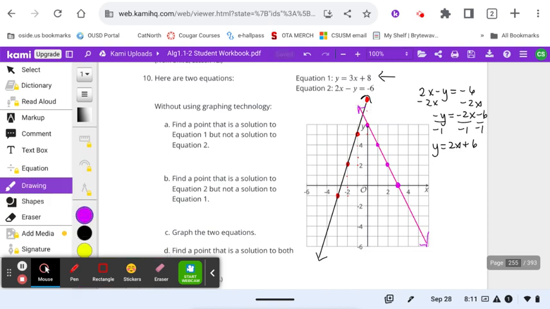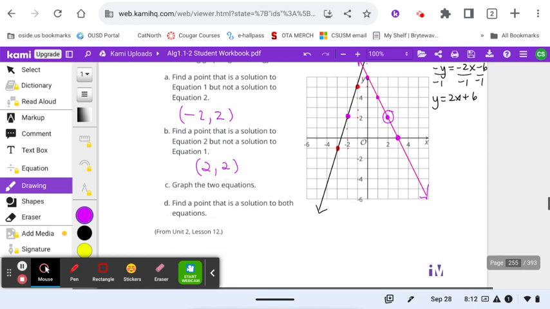So using graphing technology, find a point that's a solution to equation 1 but not equation 2. We would just go look on Desmos for a point like this on equation 1. Well, that's at back 2, up 2. And then find a point that is a solution to equation 2 but not equation 1. So we could use this dot right here, (2, 2).